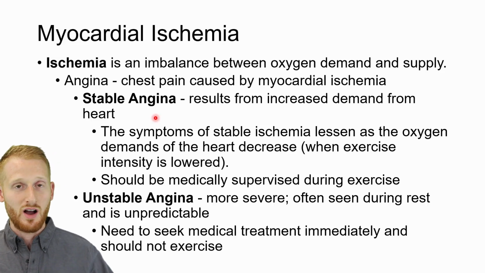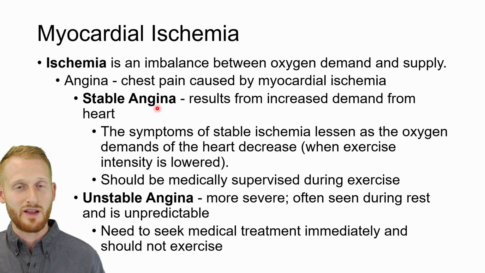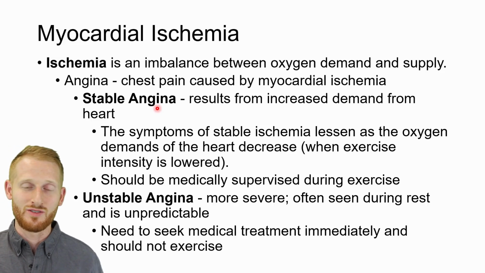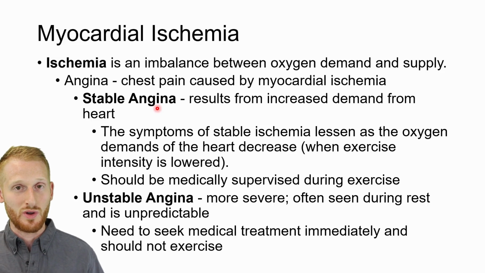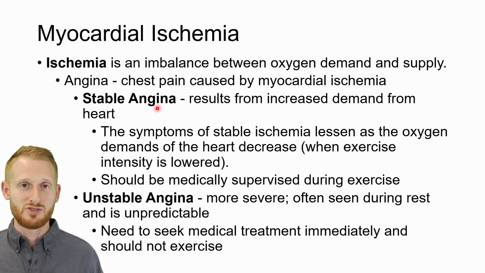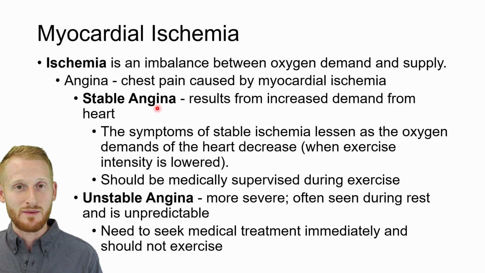So if the oxygen demand goes up and you get angina, so you get chest pain, and then you maybe stop exercise and you sit down or whatever, or you just lower the intensity of exercise and that chest pain starts going away, that's typically stable angina. So it's a predictable chest pain. All right, so every time you get to a certain exercise intensity, chest pain starts, and if you lower your intensity and give it a couple minutes, the chest pain typically goes away. All right, again, that is stable angina. By definition, it is predictable.